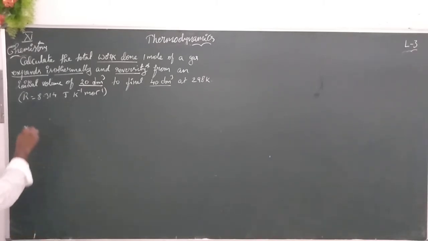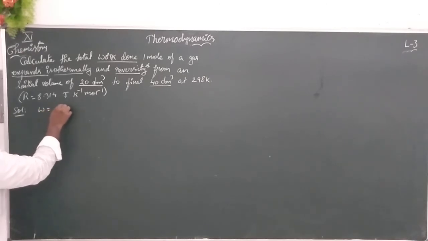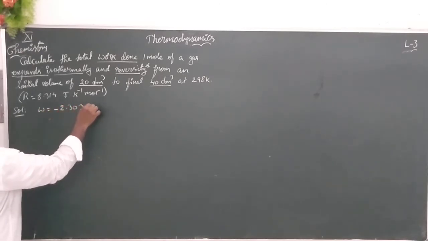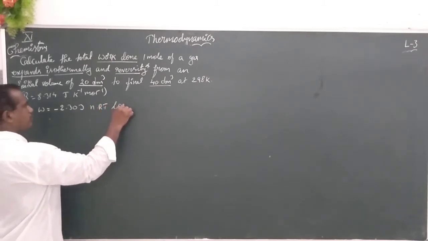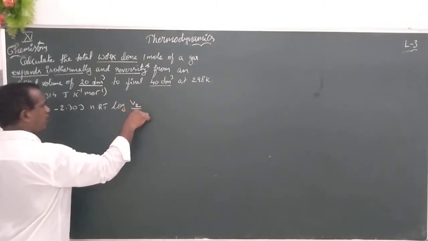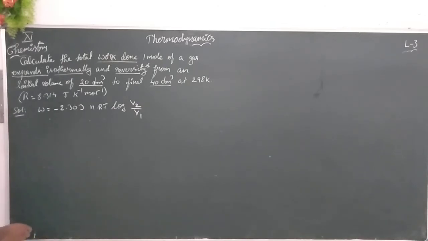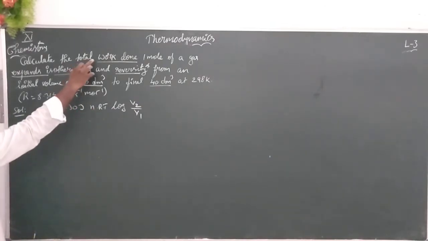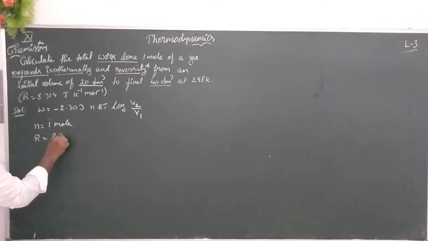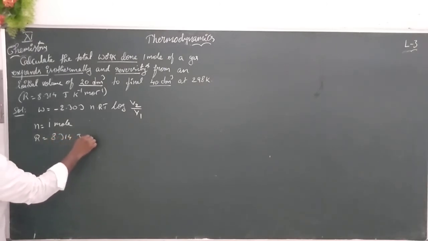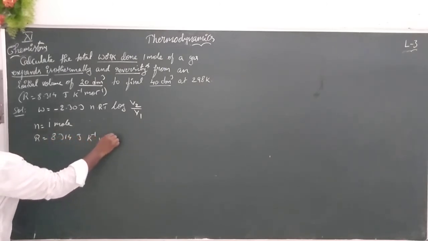What is the work done formula we know for the reversible expansion of gas? W is equal to minus 2.303 nRT log V2 upon V1. Do you know the terms here? What is the n value? 1 mole was given. What is the R value? 8.314 joule Kelvin inverse mole inverse.